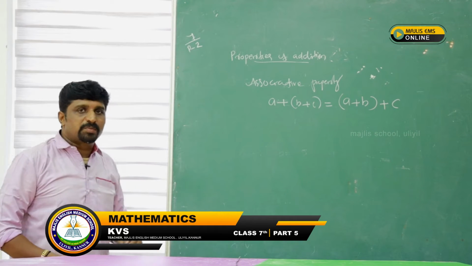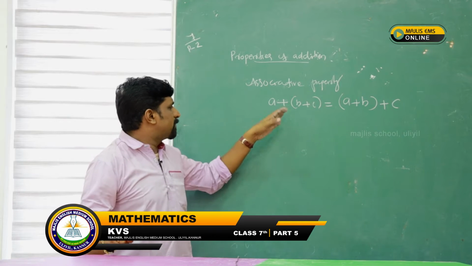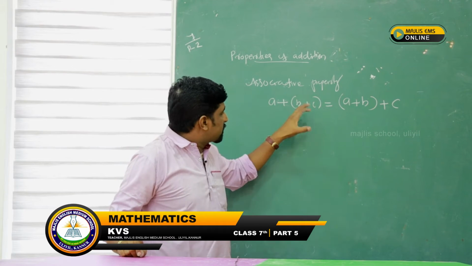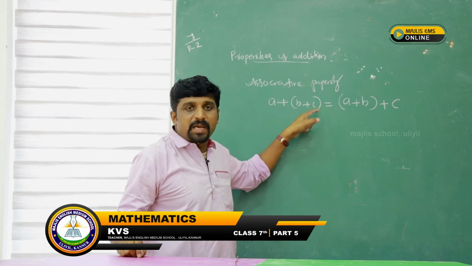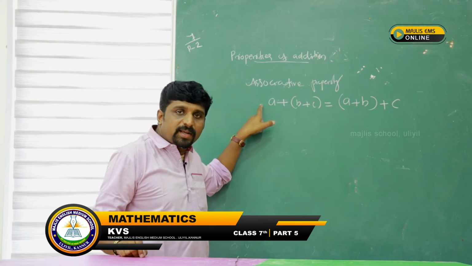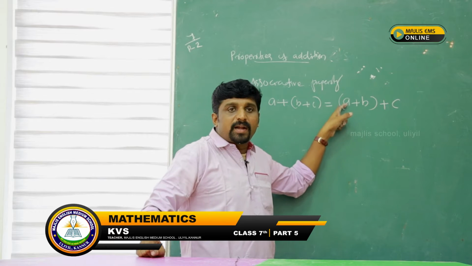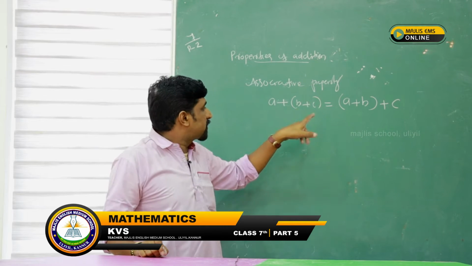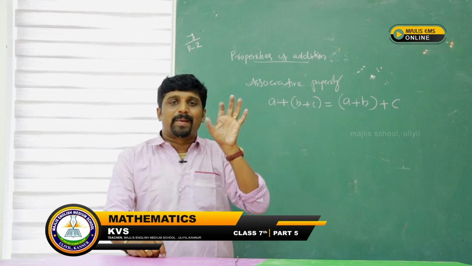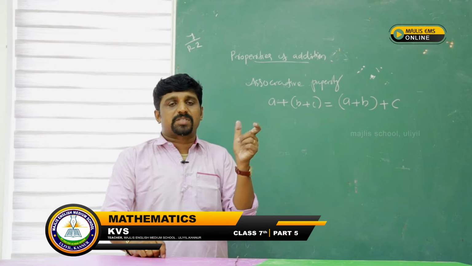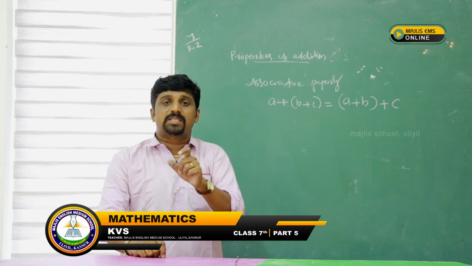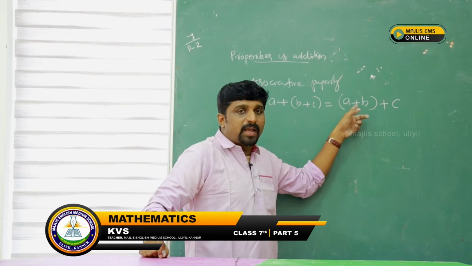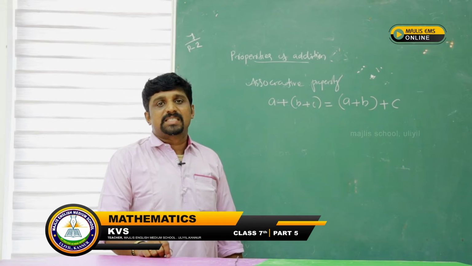This is the associative property. Suppose three numbers a, b, c, we just change the brackets. On one side, first we add b and c, then add a. On the other side, first we add a and b, then c. First we do the brackets.